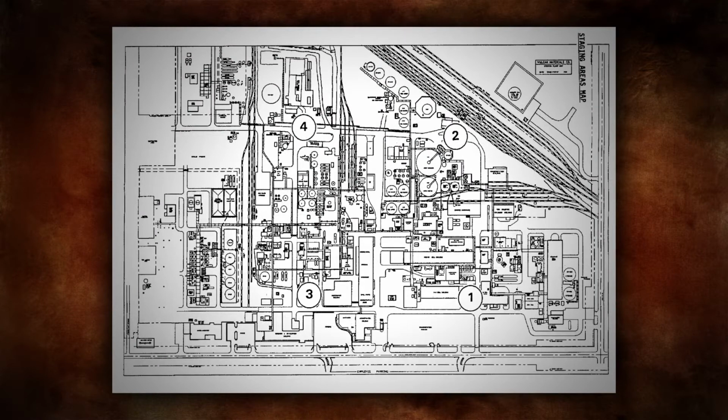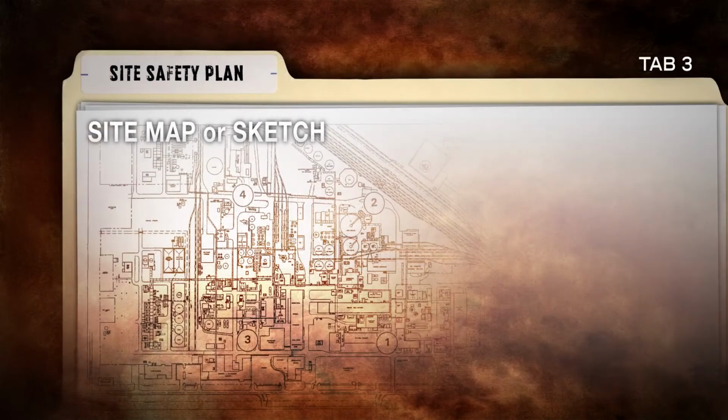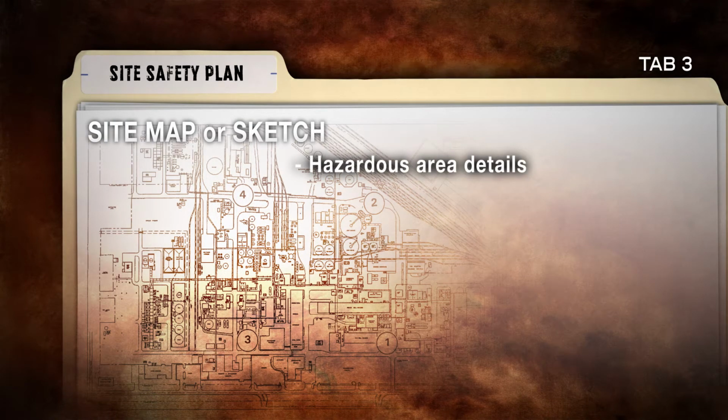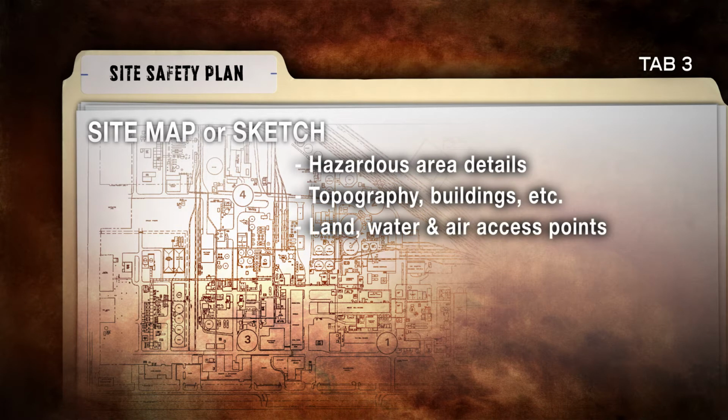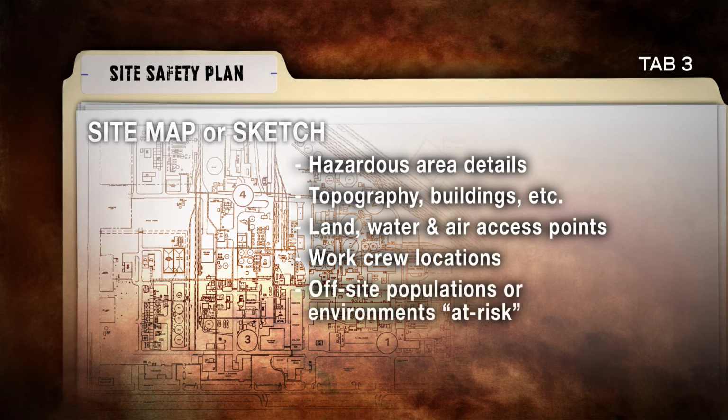The plan should include a site map or sketch of the incident area. It should be large enough to clearly show pertinent details and be posted in a conspicuous place. The components of the map should include details of the hazardous areas, site terrain, topography, buildings and barriers, land, water, and air access points, work crew locations, and off-site populations or environments at risk.